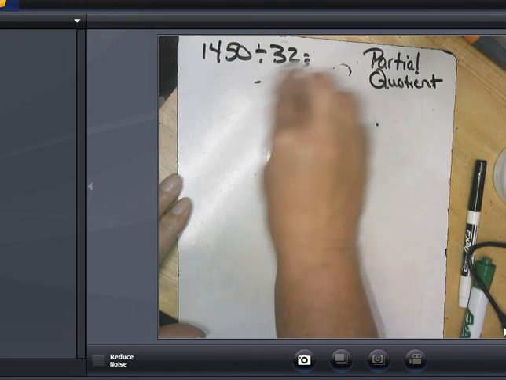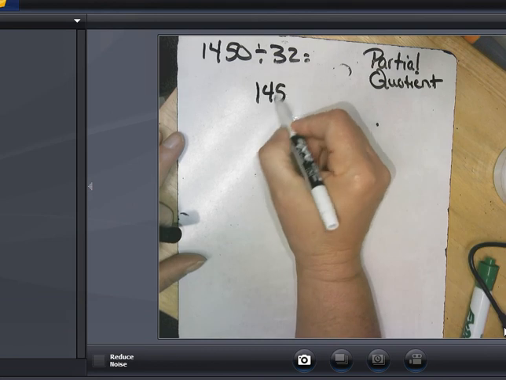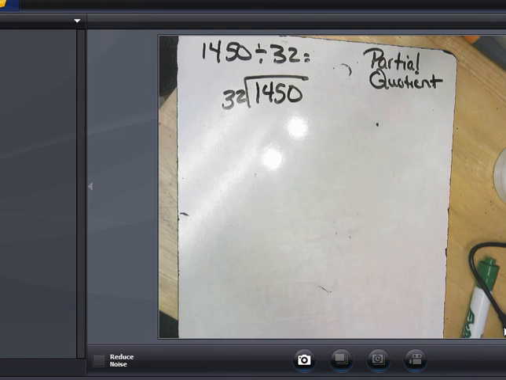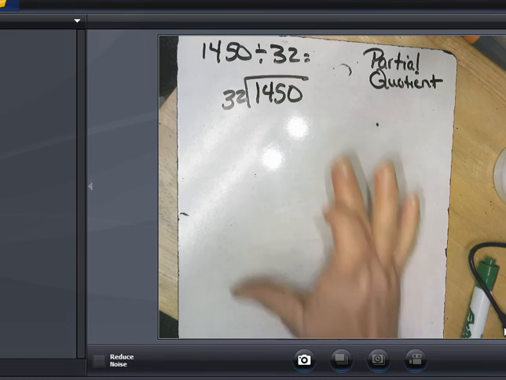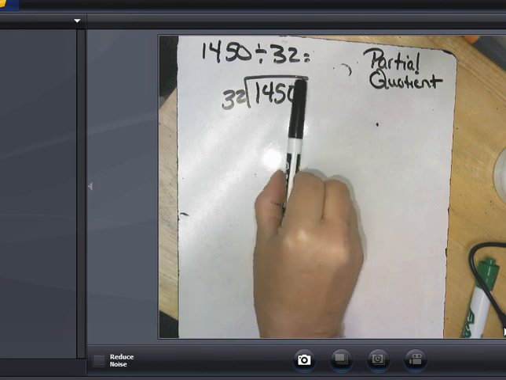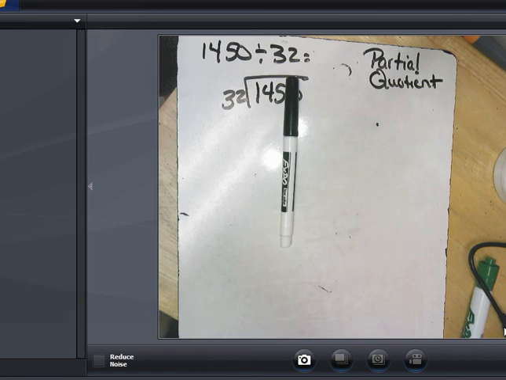I'm going to rewrite this to 1,450 inside the house and 32 on the outside. So I'm going to think about this and try to get a little bit larger. My whole trick before, which I showed most of you, was to cover up the last digit and ask myself, 32 can go into 145 about how many times?